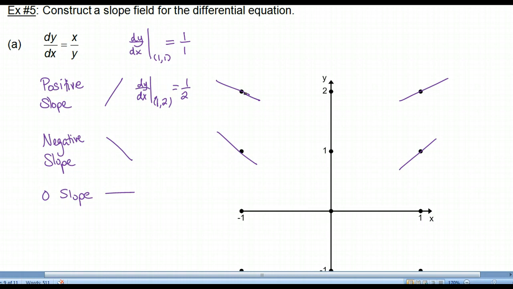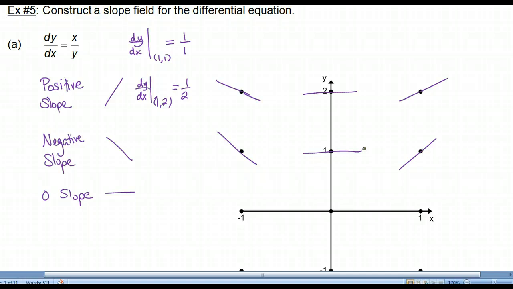Now, here's where it gets real easy. Anything on the x-axis, the y-coordinate would be 0. Think about it: (0, 2), 0 over 2 is 0, so it's going to go straight across. Next one, (0, 1), 0 over 1, so it's a little horizontal line.